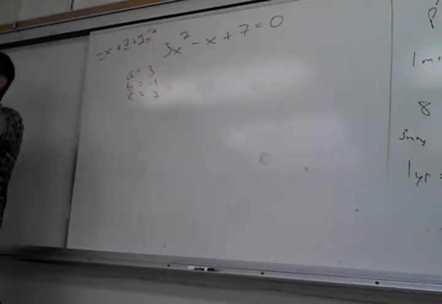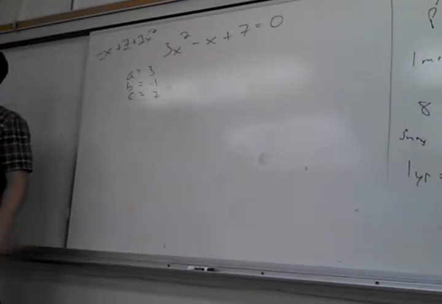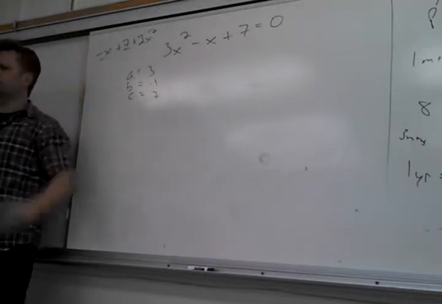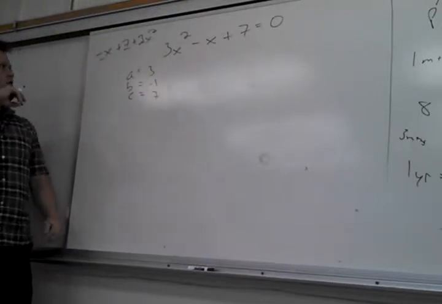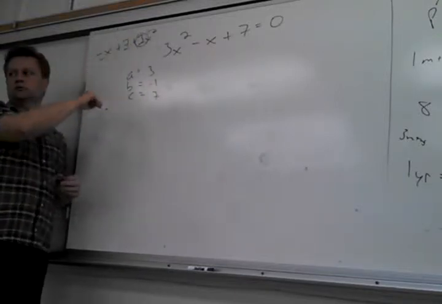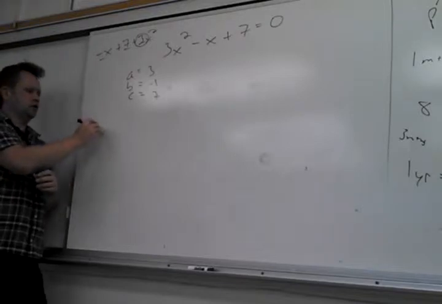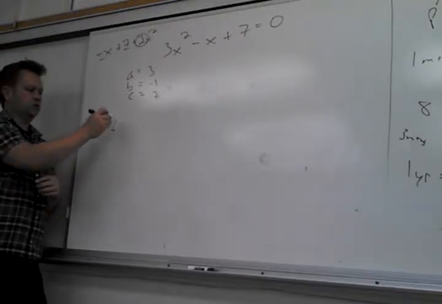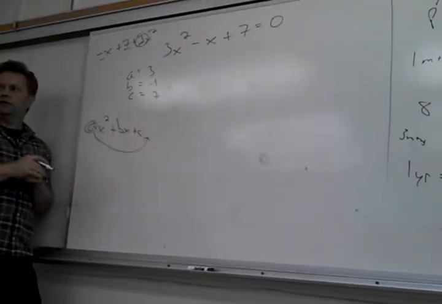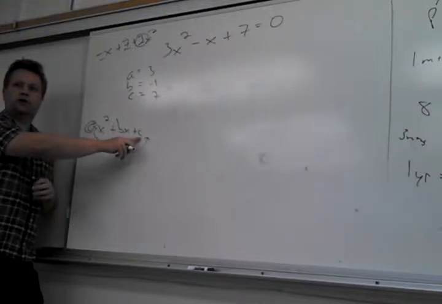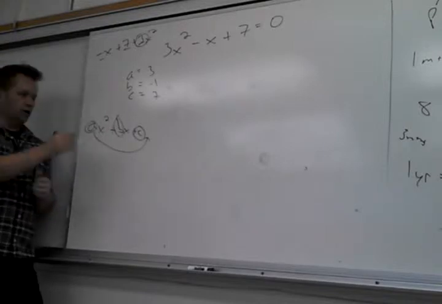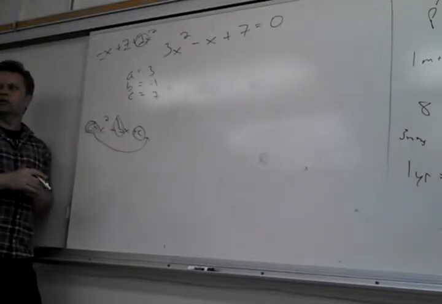Just because I move it doesn't suddenly make it become A. The form is AX squared plus BX plus C. Just because I put that at the end doesn't make the A become a C. This means the number by itself is C, the number in front of X is B, and the number in front of X squared is A.